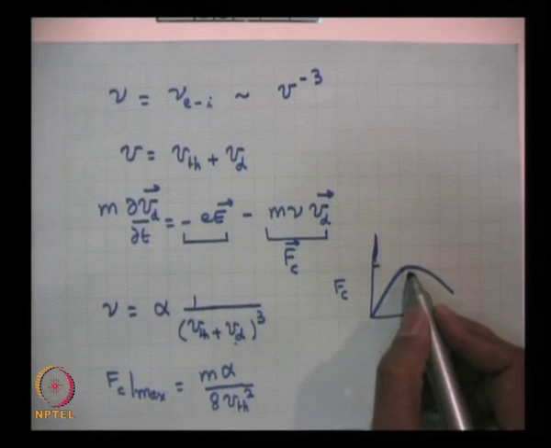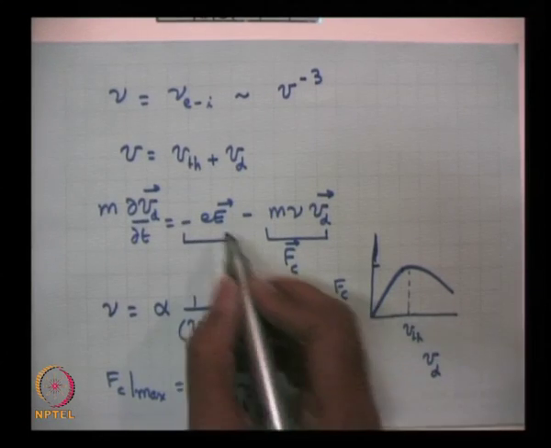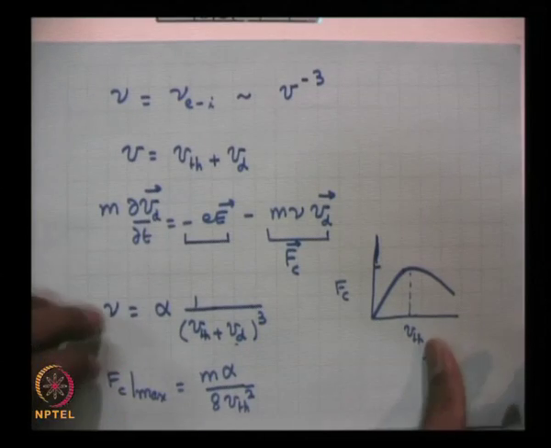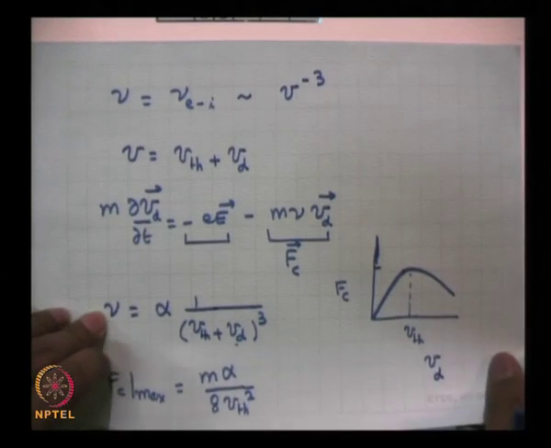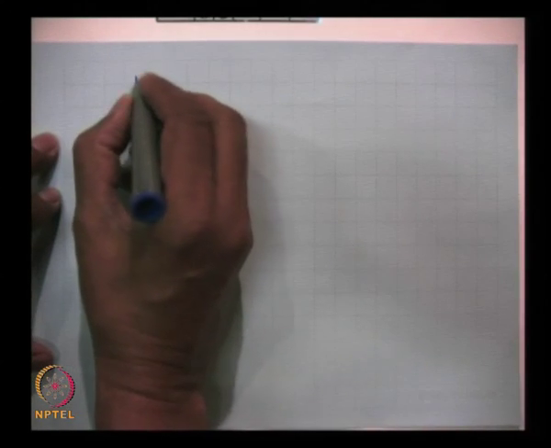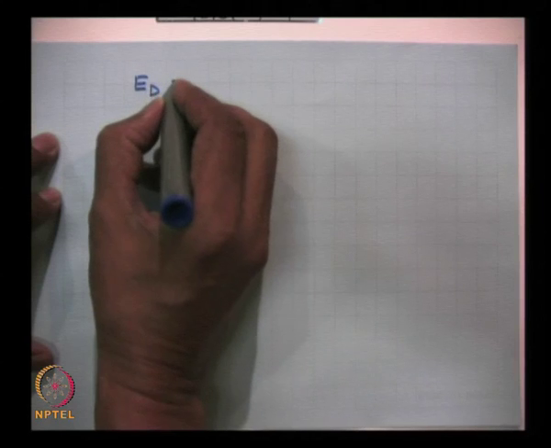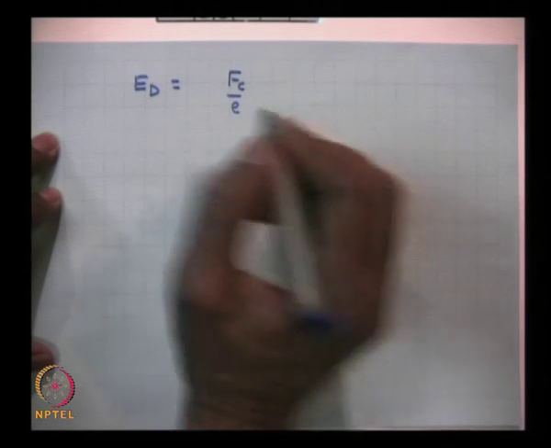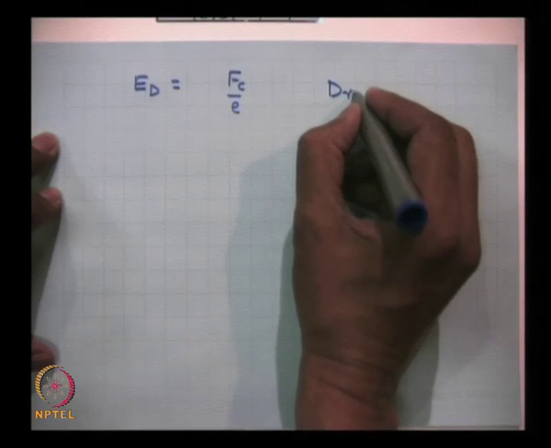This field at which these two balance is called the Dreicer field. Let me call this quantity the Dreicer field E d, which I am defining as F c upon the electron charge.